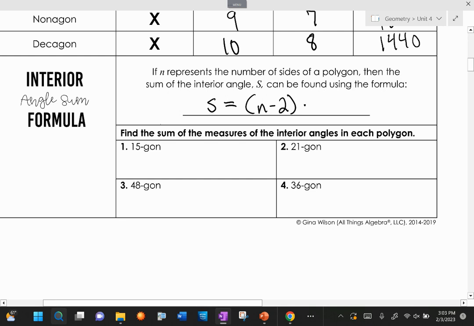The formula is S equals, S stands for sum of the interior angles. S stands for sum. Okay, it's up there.